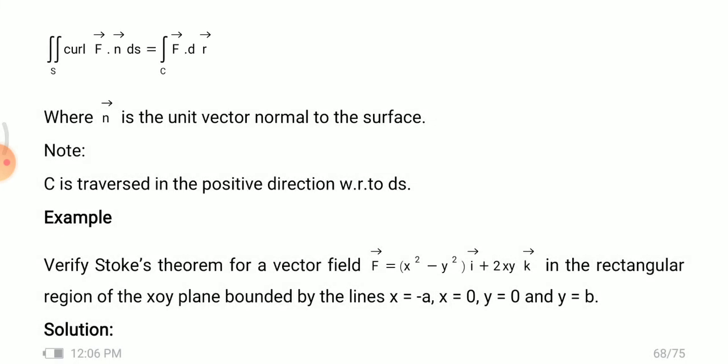So this is the main formula for Stokes theorem, where n vector is the unit normal vector to the surface S. Right? Note it down.